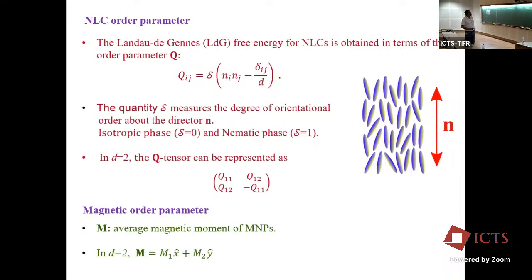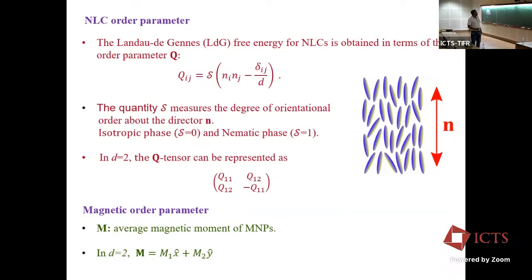The starting point of writing down a good model for this system is the liquid crystal order parameter. Again, there's your picture of liquid crystals. That's an average director. There's an up-down symmetry; you don't distinguish between the up and the down direction, so that's just a unit vector.